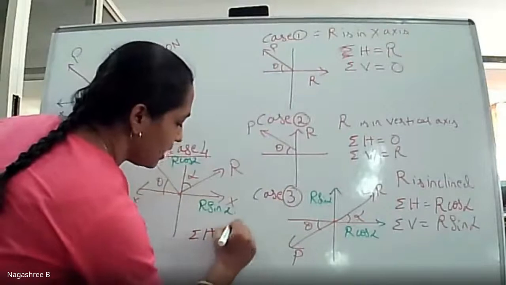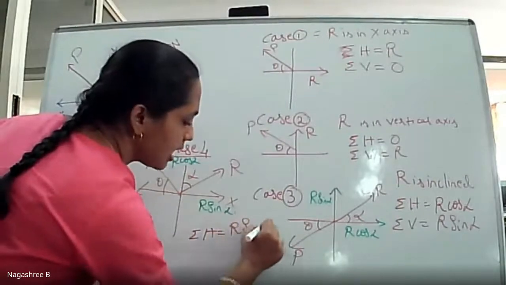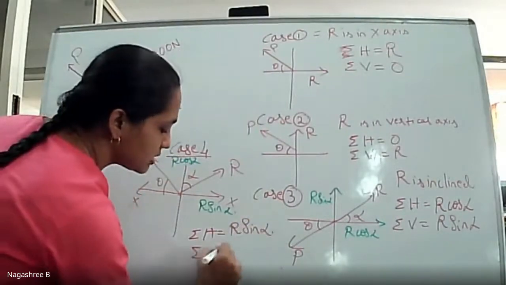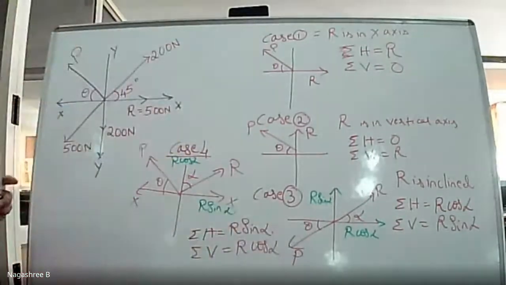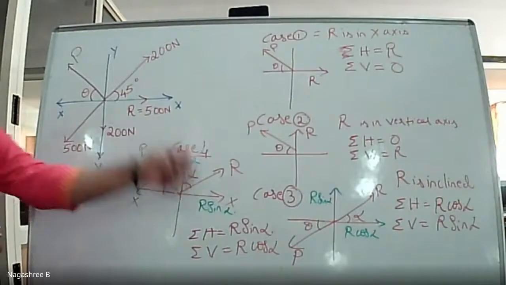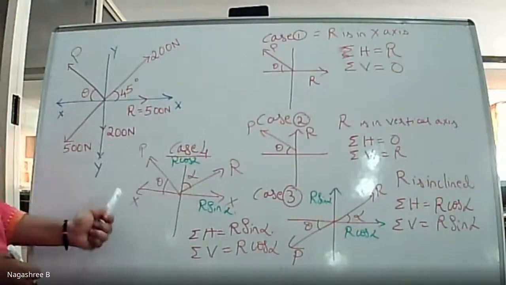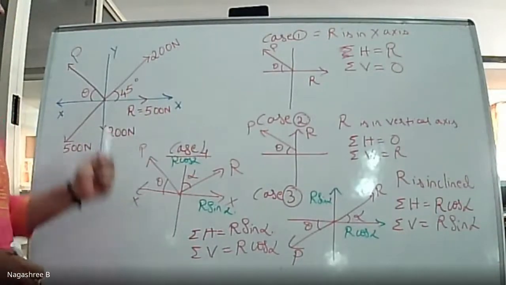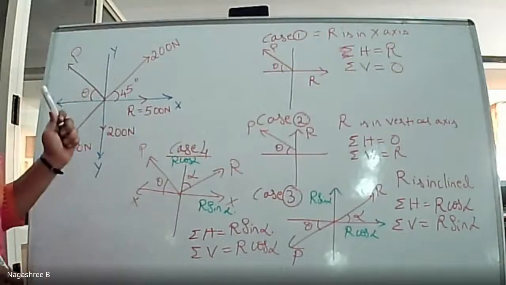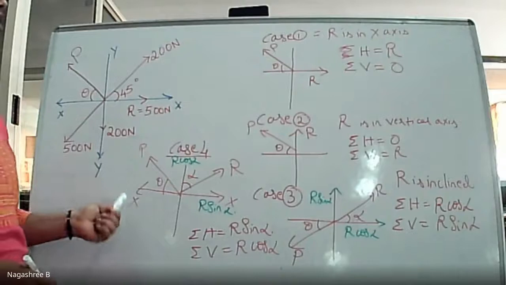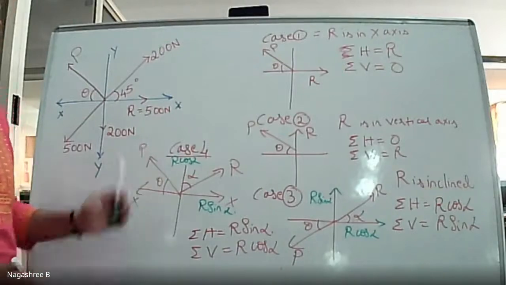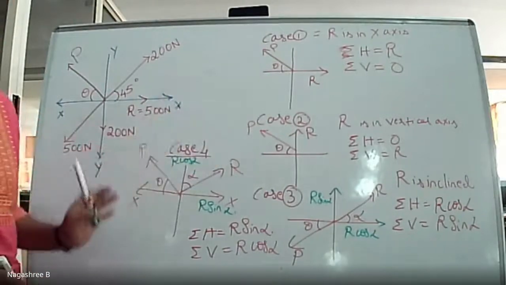Sigma h will be equal to r sin alpha and sigma v is equal to r cos alpha. So these are some of the cases wherein to determine the value of the unknown force, whenever the resultant is given irrespective of the axis.